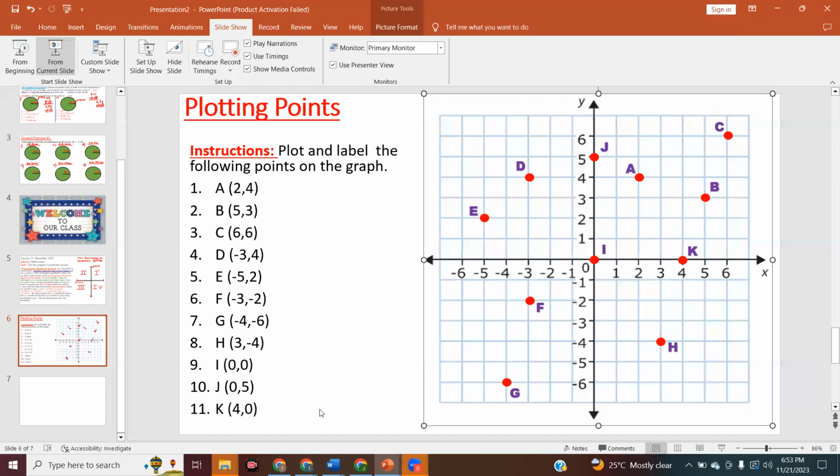Again, take a picture of your work and send it to me via WhatsApp. I hope that your stuff is neat.